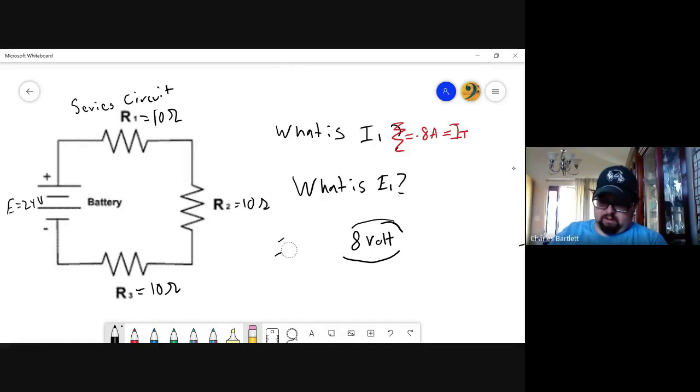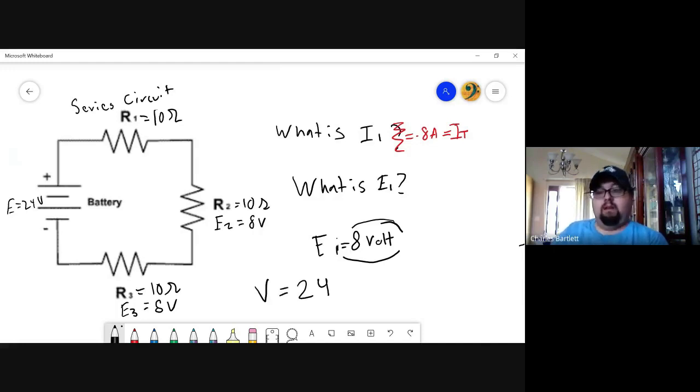That 8 volts is going to be our E1. Then if R2 is the same, then E2 is going to be the same. So E2 would be 8 volts and E3 would equal 8 volts. And if you add up the voltage, what do you get? Well, you get the 24 we started out with.